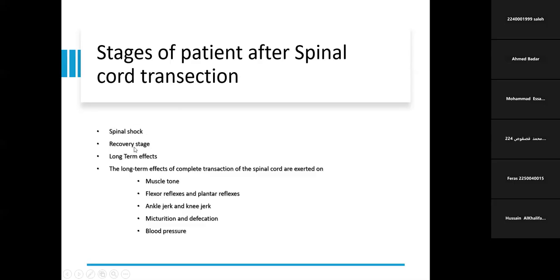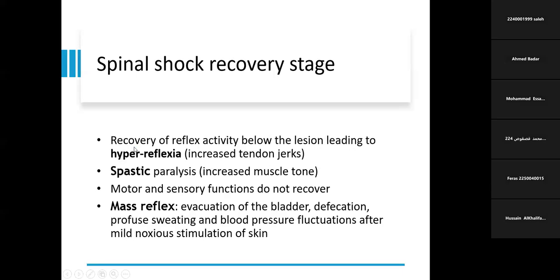Then we go to the recovery stage. That is, the person starts changing. Reflex activity becomes more powerful. This is called hyperreflexia. This shows that there is an upper motor neuron lesion. If the reflex does not return, this means there is a lower motor neuron lesion. So then there is spastic paralysis.